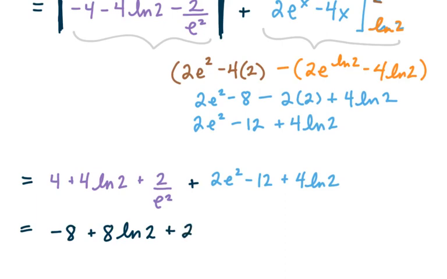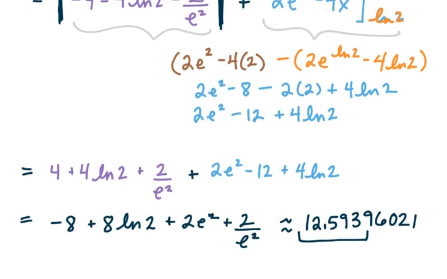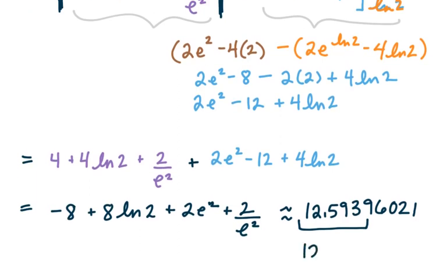I've got plus 2e squared and plus 2 over e squared. But if you plug this into your calculator, you get a value 12.5939621. Rounding that to 3 decimal places, that would be 12.594.